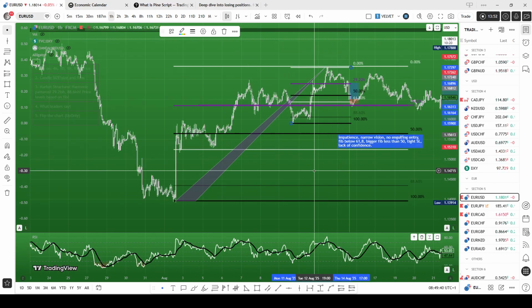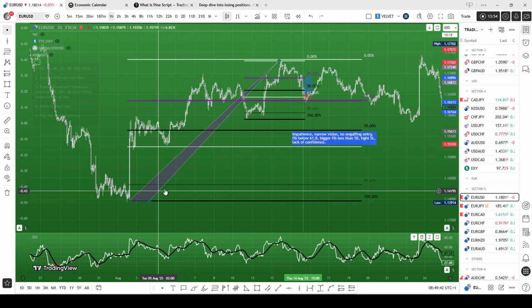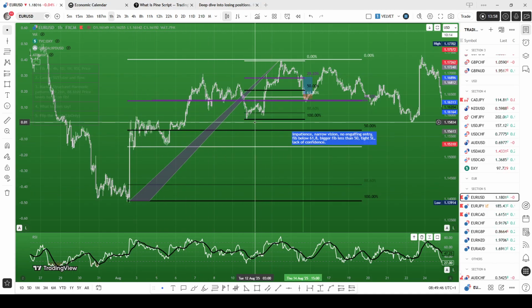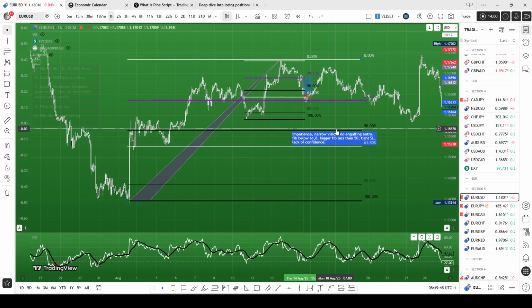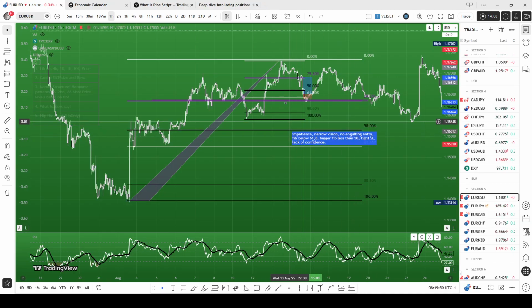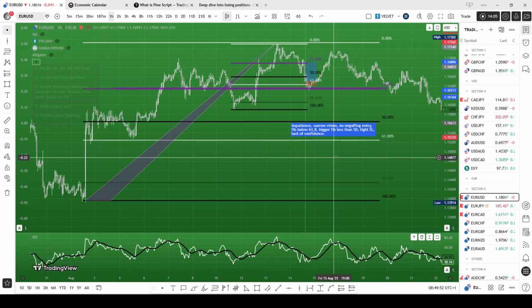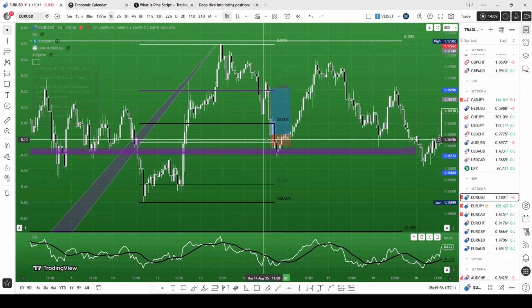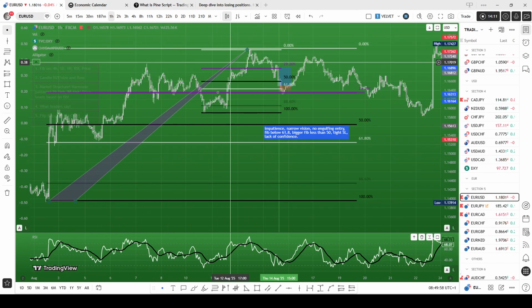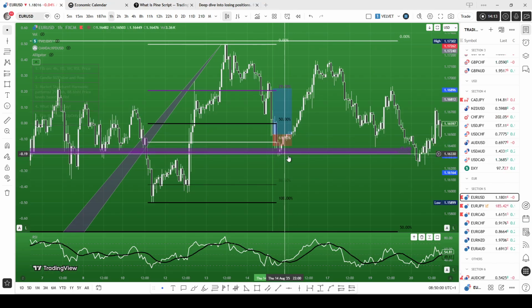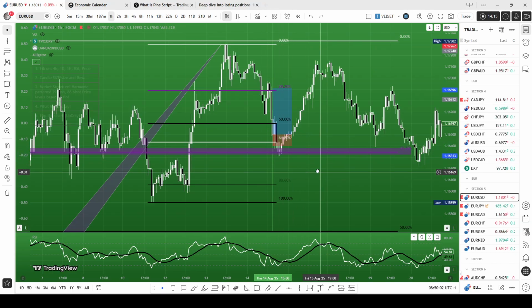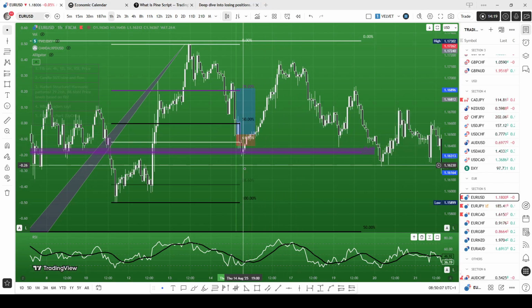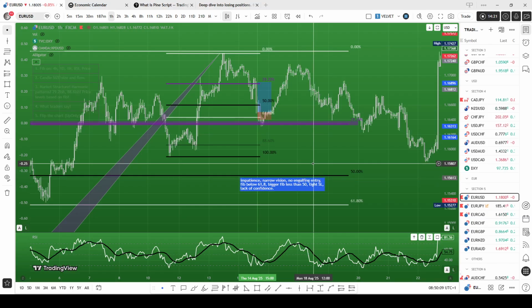On the bigger picture it was a ranging market from an impulse that hadn't reached a 50 fib yet, but there was a 29.2 level from that bigger fib, which worked like an extra confluence, and that's why we had this nice shot to the upside.